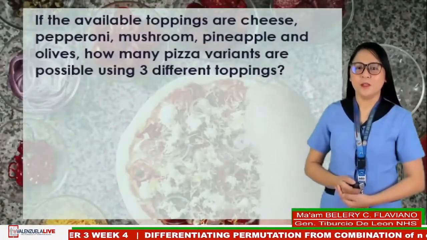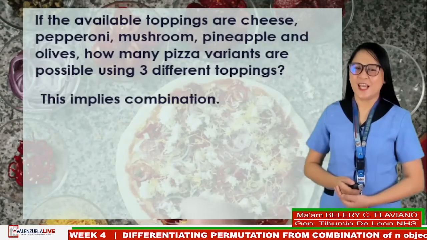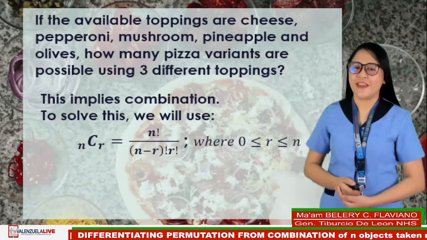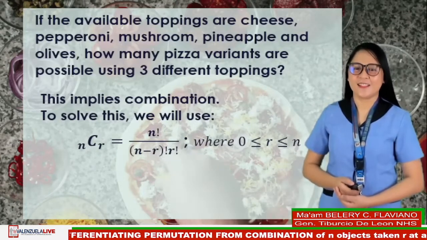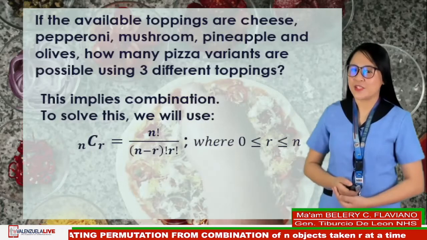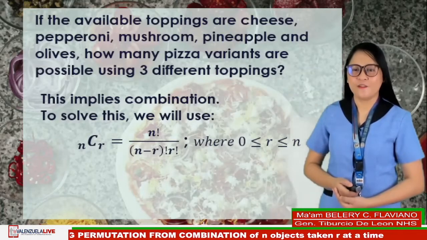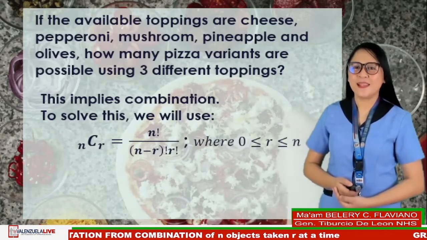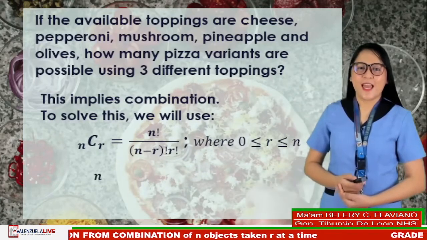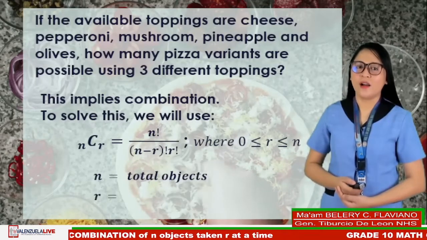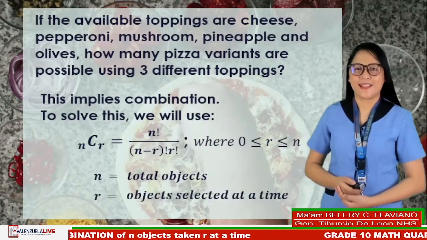This problem implies combination. To solve this, we will use the formula for combination of n taken r, and that is equal to n factorial over n minus r factorial times r factorial, where r is greater than or equal to 0 but less than or equal to n. n is the total objects, while r is the objects selected at a time.